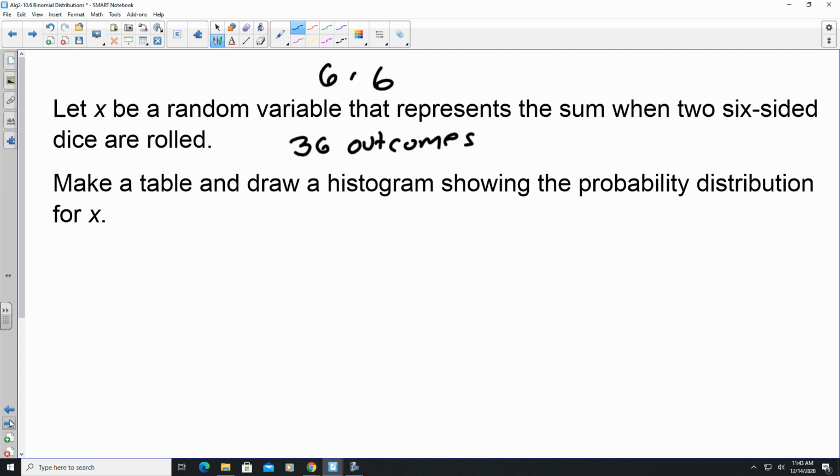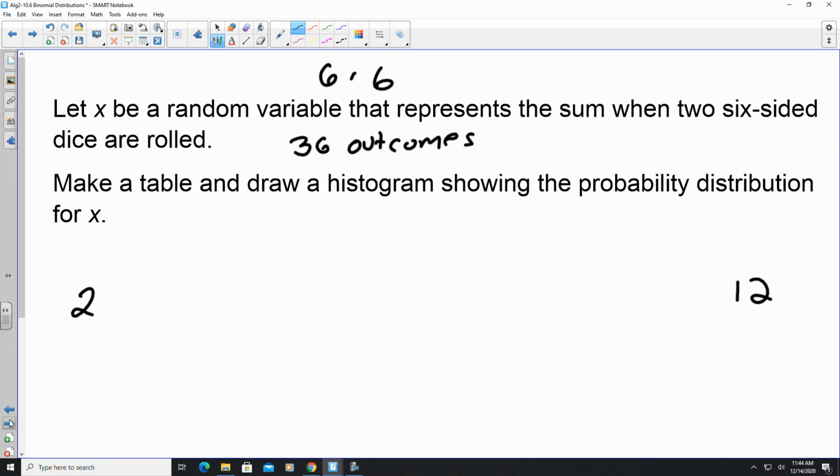What we want to look at now is the probability of what the sums are going to be when we roll these two dice. The smallest sum we could get is 2, because 1 plus 1 is 2. The largest sum is 12, because 6 plus 6 is 12.